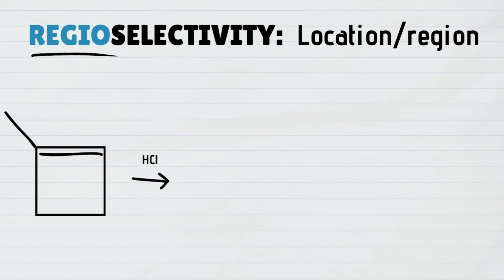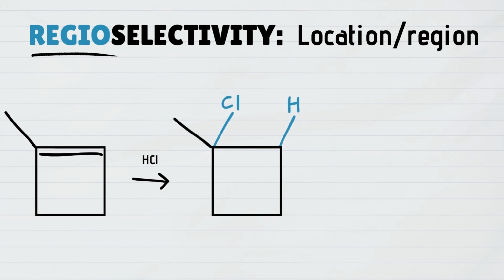And the product shows that you add the chlorine to the more substituted side, or the side with more stuff coming off of it, and the hydrogen to the less substituted side. By the way, I just drew them all flat here because this particular reaction isn't even stereoselective. Thus, it'll form all the products with both wedged or dashed or mixed, etc. That would just look like a mess here. But the main focus here is that the chlorine specifically got this region of the double bond.